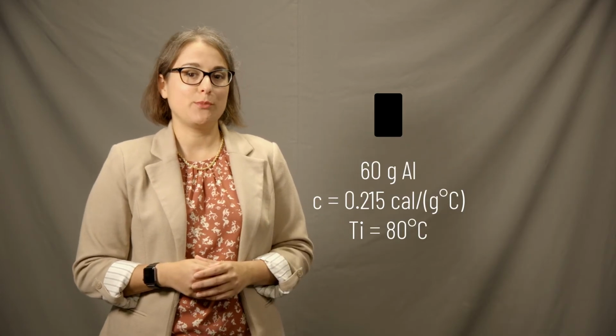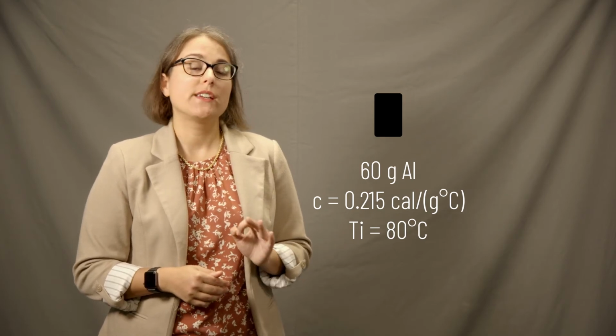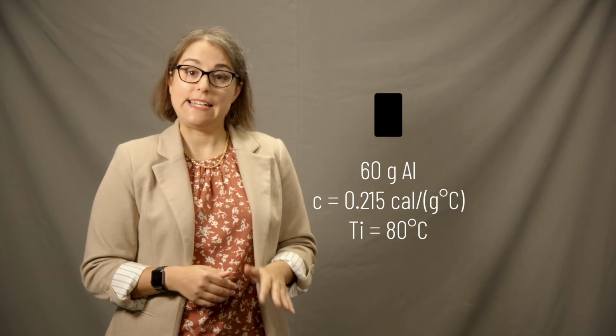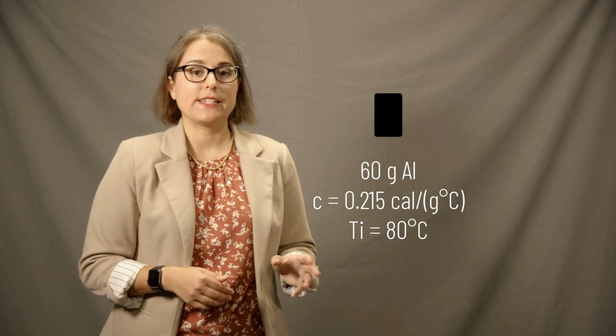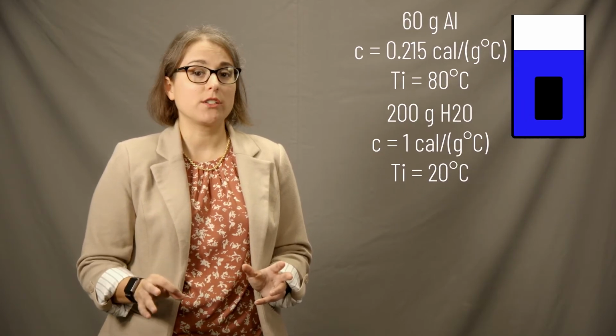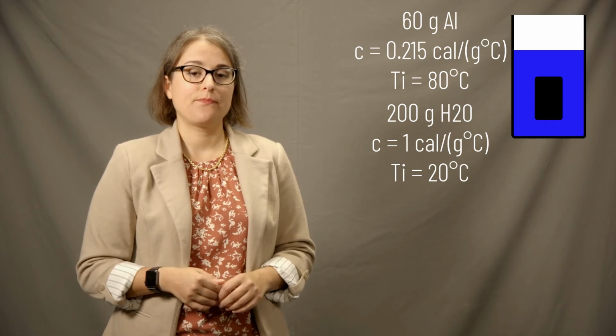In this example, we have different masses of different substances at different starting temperatures, and we combine them together. 60 grams of aluminum, which has a specific heat capacity of 0.215 calories per gram degree Celsius at an initial temperature of 80 degrees Celsius, is mixed with 200 grams of water at an initial temperature of 20 degrees Celsius.